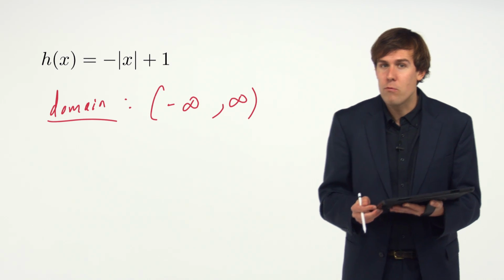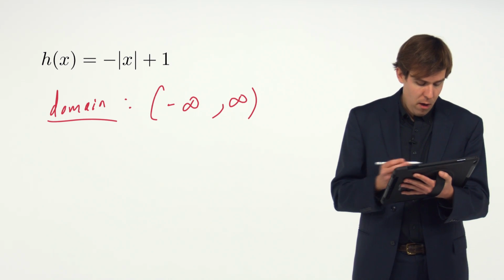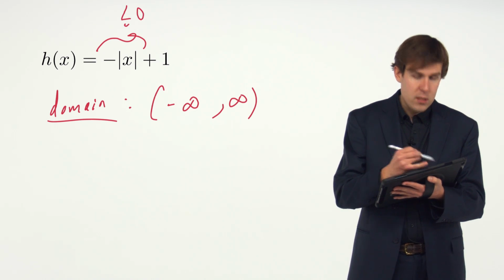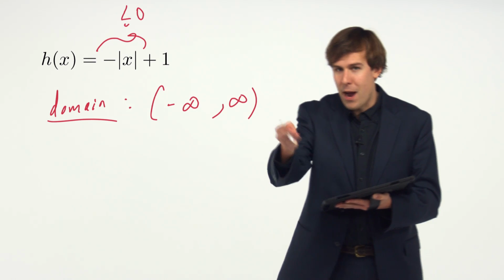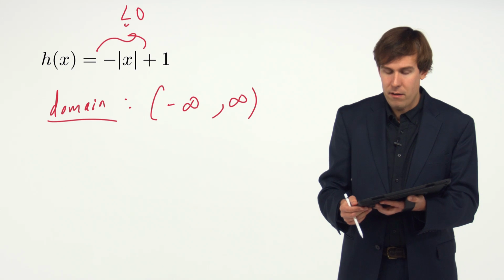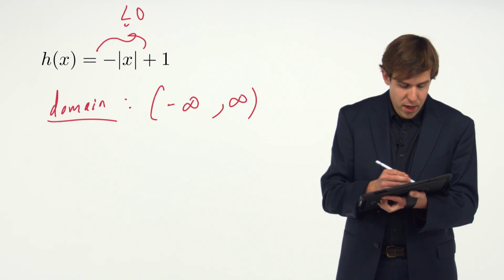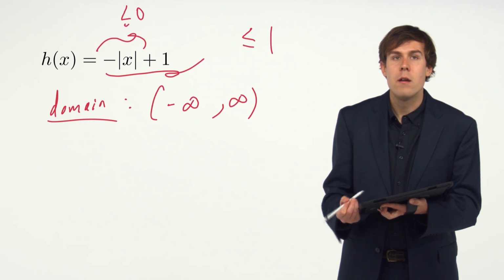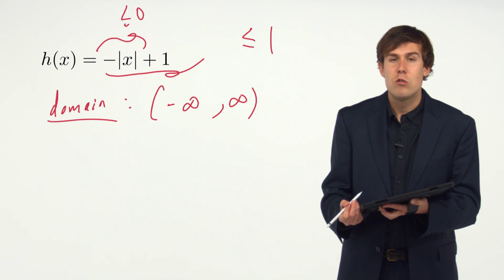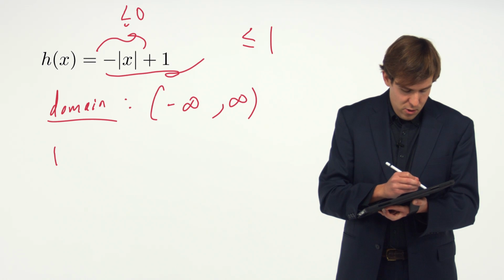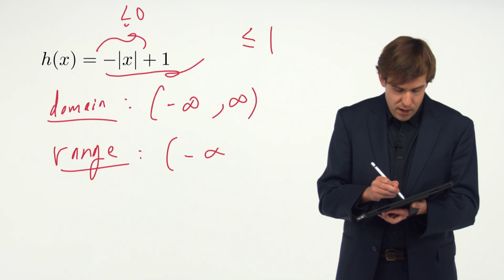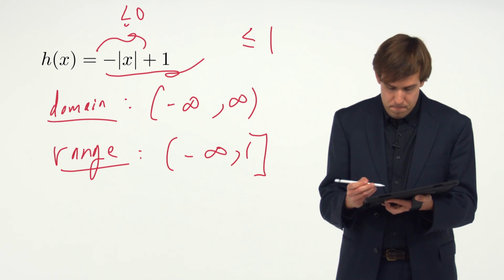So how does this impact the range here? Well, this thing here is always less than or equal to 0. Right? The minus sign switches it from positive to negative. So the whole thing must be less than or equal to 1. So the range is not everything. The range is minus infinity to 1, and I include 1.